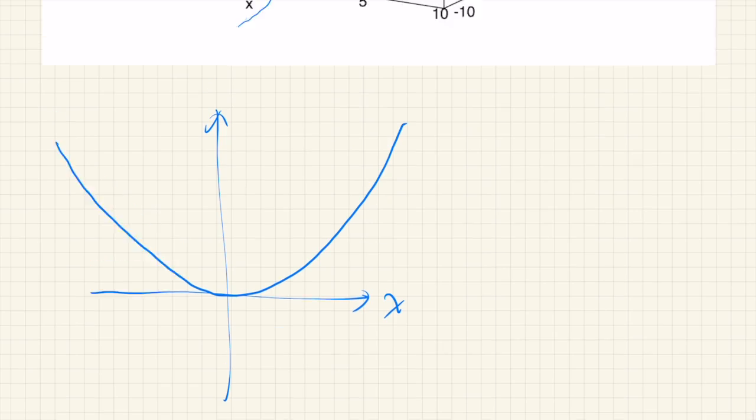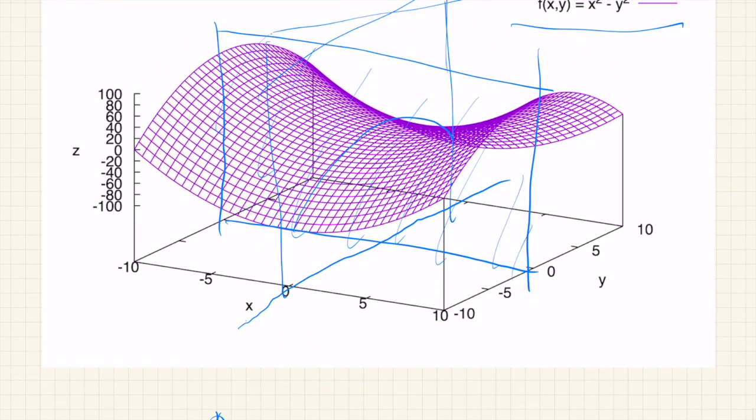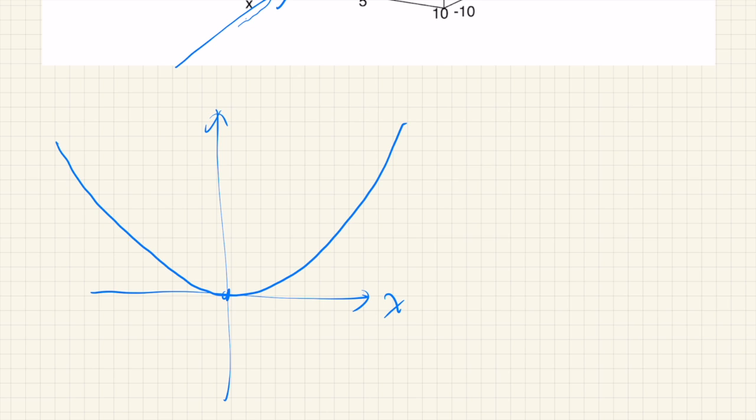Okay, so if we look from this angle where x is equal to 0, the origin looks like a local maximum. But if you look from this direction, then the origin looks like a local minimum.